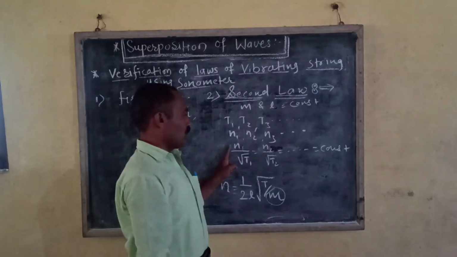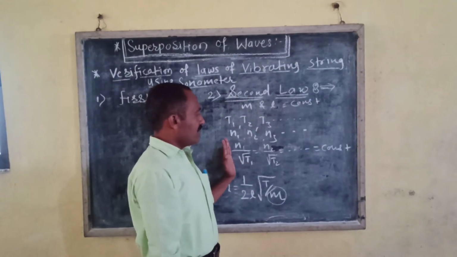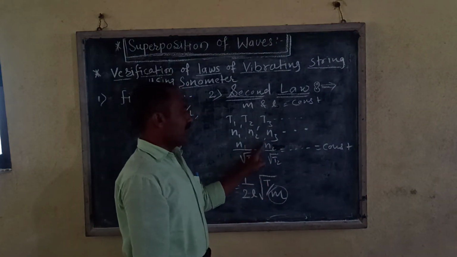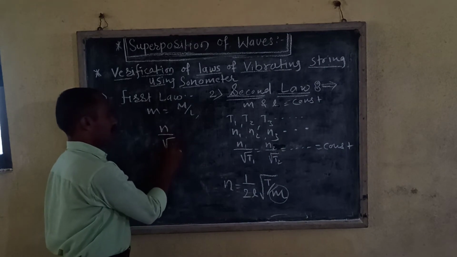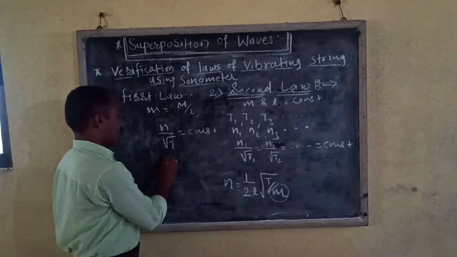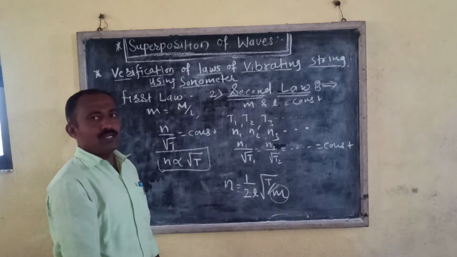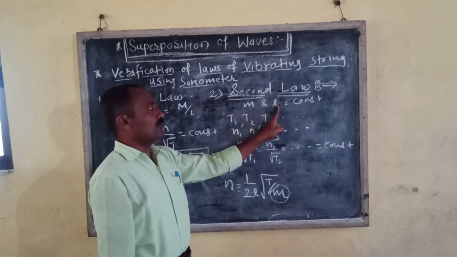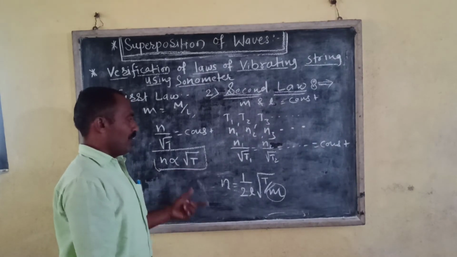As this ratio of the frequency of the tuning fork and the square root of the tension is always constant, in general we can write N upon under root of T is equal to constant. Or N is directly proportional to the square root of the tension applied to the string, if the mass per unit length and the vibrating length of the string are kept constant. This is the verification of the second law of vibrating string.